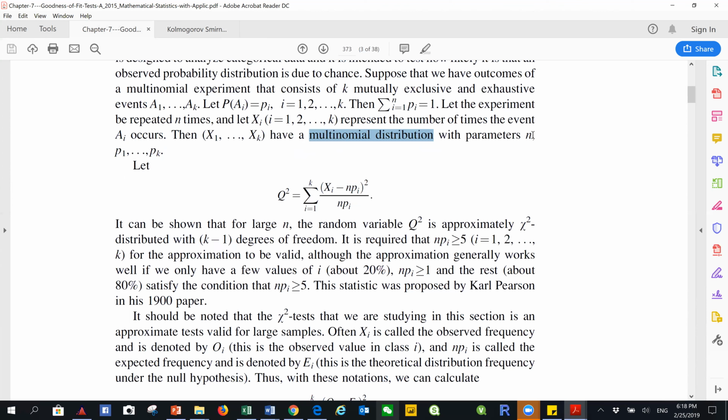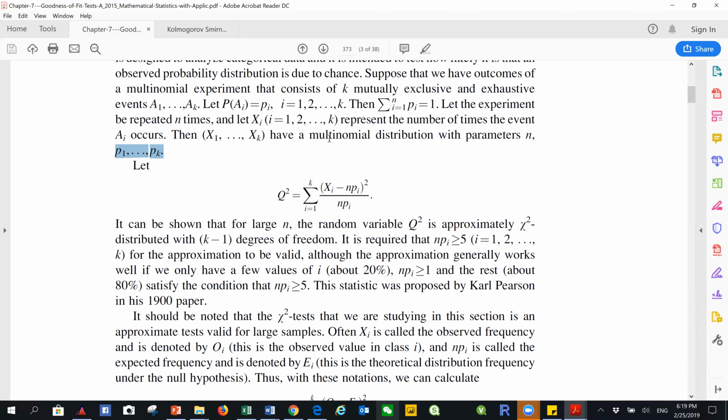with parameters n and p1 to pk, which means if you multiply n by p1, p2, p3 to pk respectively, then you will get expected values. Count data again, similar, but in this case may not be integer. It can have decimal places, but that doesn't affect the result.